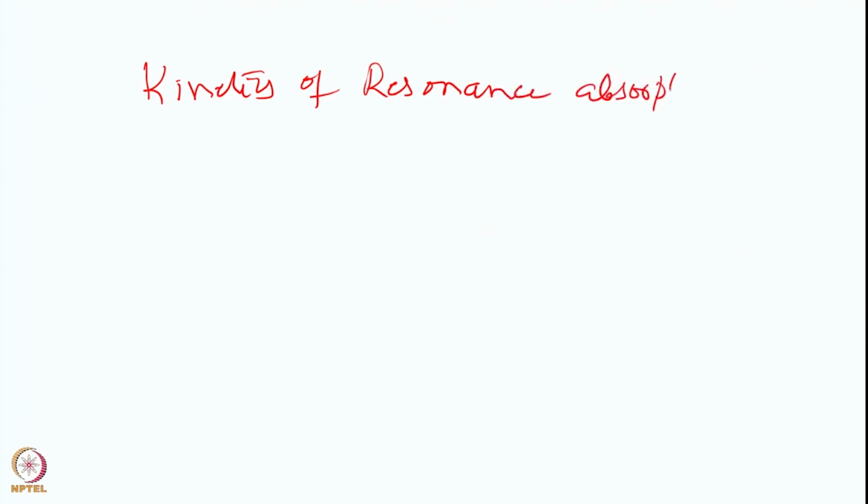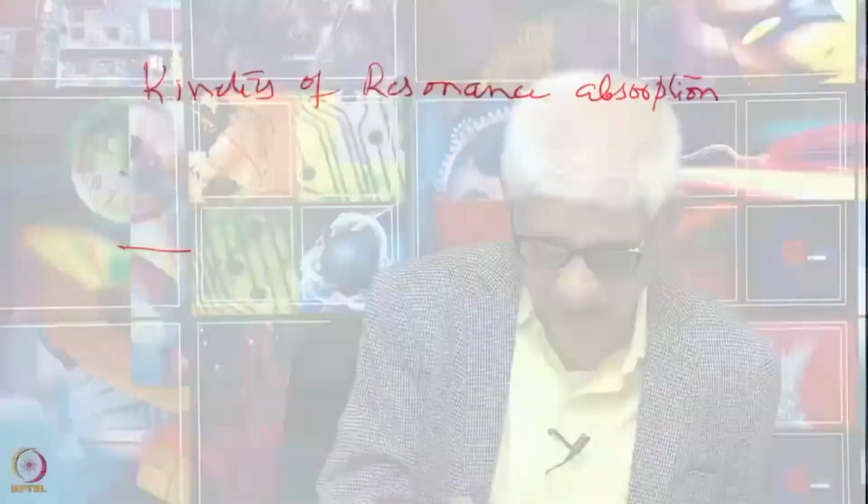Okay. So, now let us look at the kinetics of resonance absorption. What does that mean? Absorption of energy, we have put in the RF, right. RF is causing absorption of energy. So, we consider the two states here.